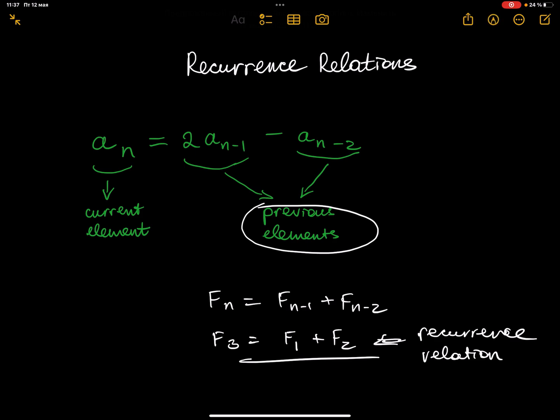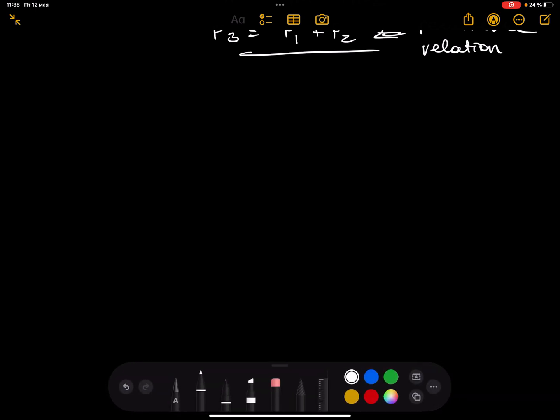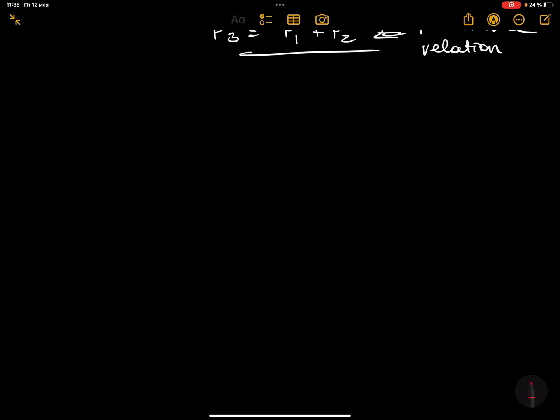But before going to the problem solving case, I want to say that there are two types of recurrence relations: homogeneous and non-homogeneous. The first one is homogeneous. Homogeneous recurrence relations are relations that don't depend on any other constant term.